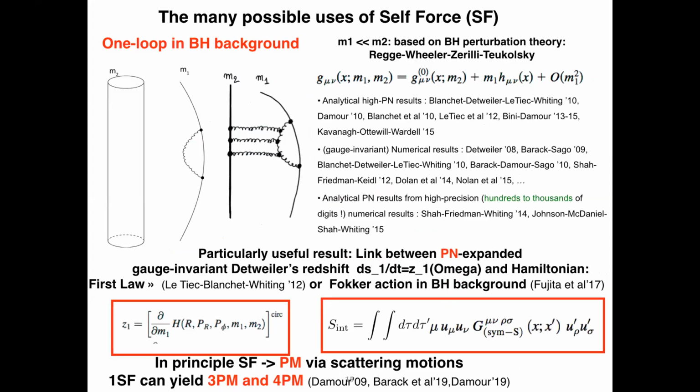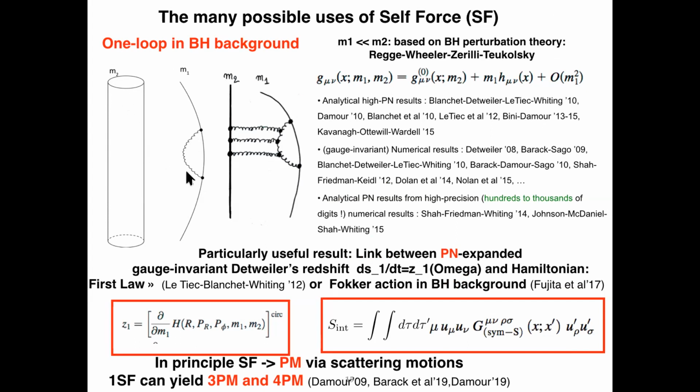So let me explain conceptually how SelfForce was used in gravity in many different ways. What is SelfForce? SelfForce means one loop in a black hole background. You are considering a binary system where there is a large mass, M2, the mass of the central black hole, and a small mass, M1. The small mass M1 is moving in the background of the black hole generated by M2.